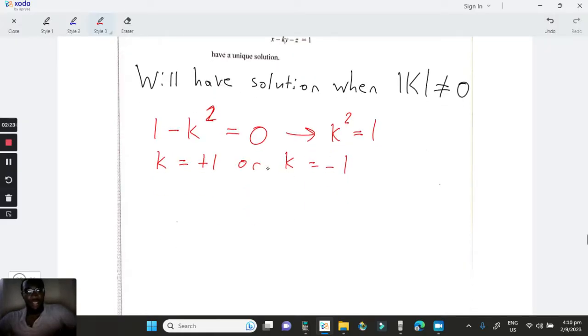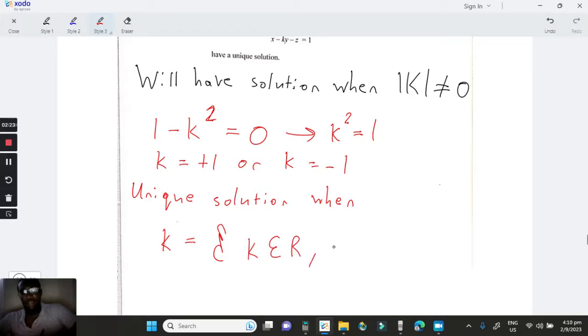So it has a unique solution when k is an element of the real numbers. However, k is not equal to 1 and k is not equal to minus 1.